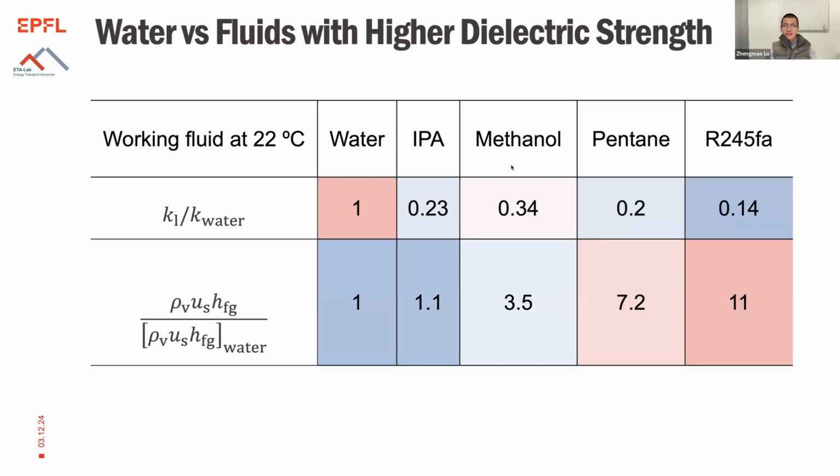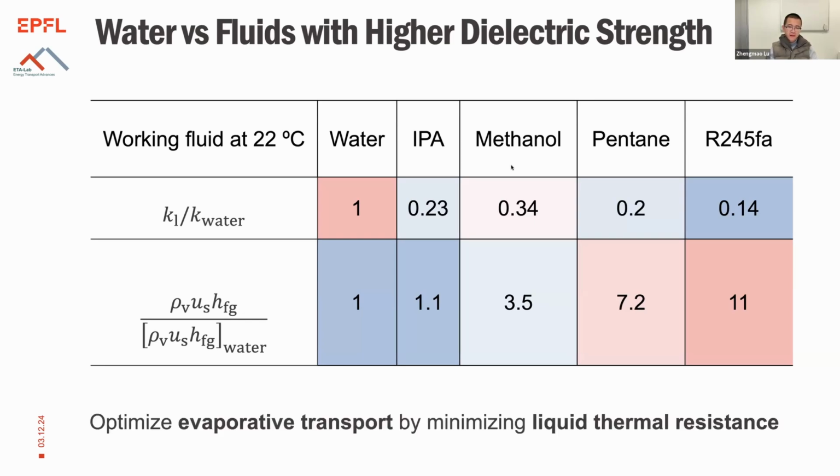So this seems to tell us that if we can build a device that minimizes the thermal resistance in the liquid and makes the evaporative transfer the dominant part of the overall heat transfer, then not only are we going to reduce the overall heat transfer resistance, because now the liquid part is getting reduced, but also in this system we would expect the dielectric liquids, the low surface tension liquids, to perform better than water. So that will give us a chance to solve the dilemma.